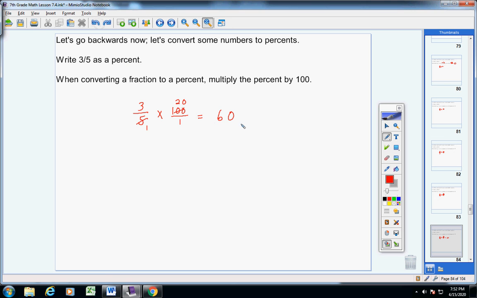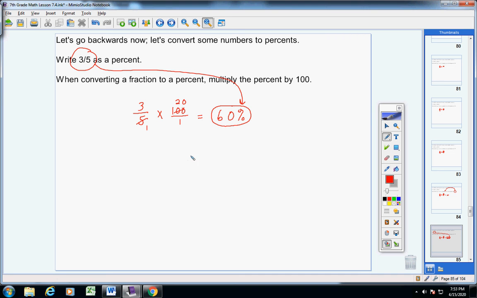Now, that's not quite your answer. Remember, you multiplied by 100 to make it become a percent. So your final answer should have a percent sign with it. So 3/5 is the exact same thing as 60%.